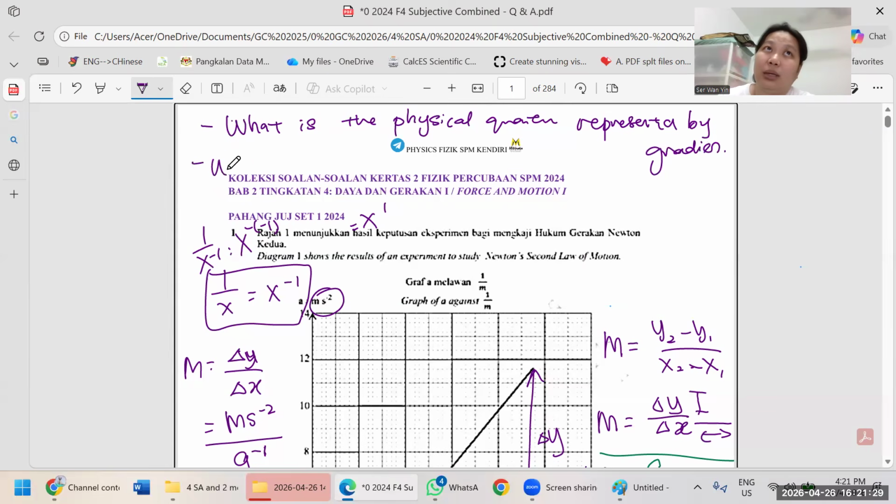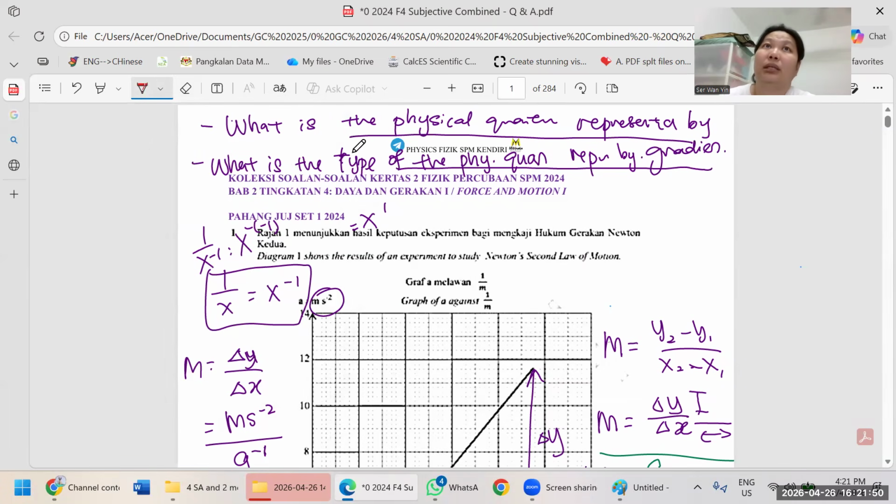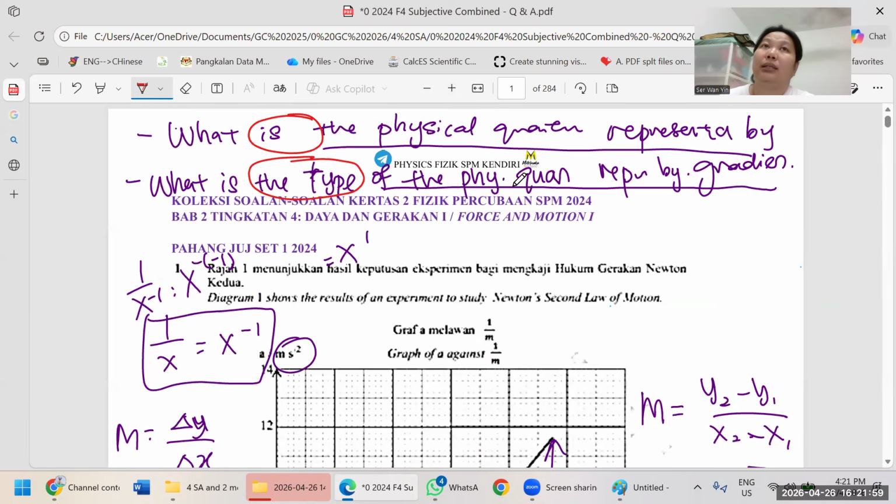Another question: what is the type of the physical quantity represented by the gradient? Behind they are all the same, but what's the difference? The type of physical quantity.